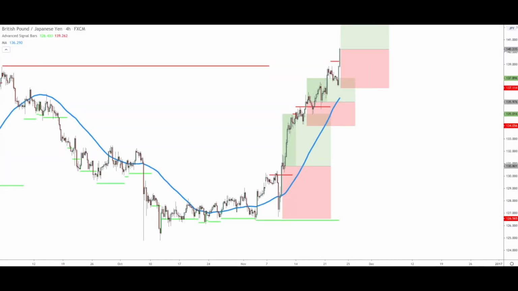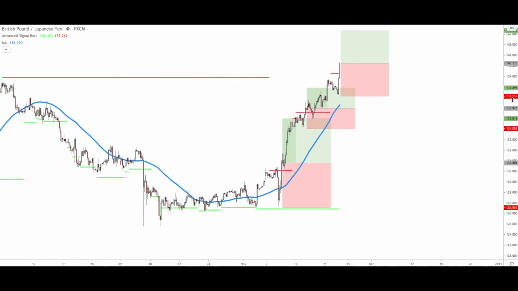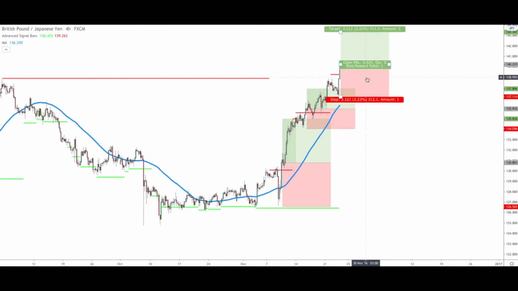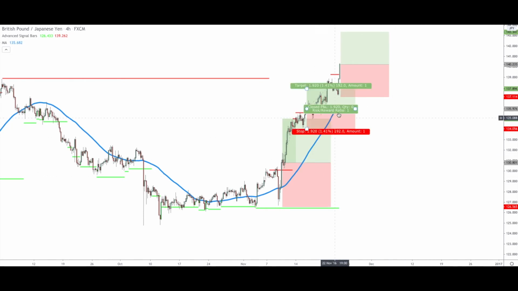So a quick update: we just got another opportunity which I'm trading. The risk reward, as you can see, is always 1. So I'm about to enter into this trade as soon as the price moves to the entry level, and it's going to be the third one.